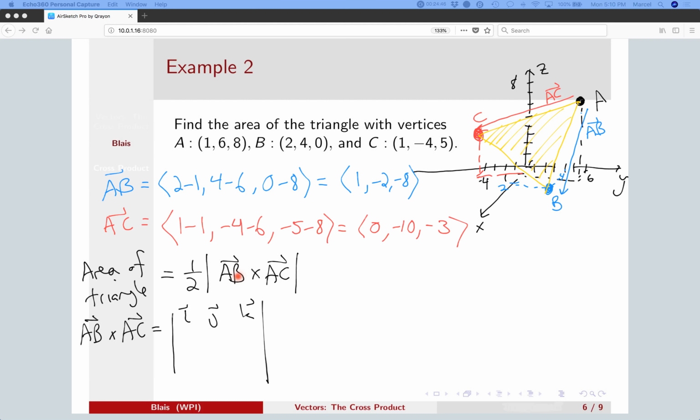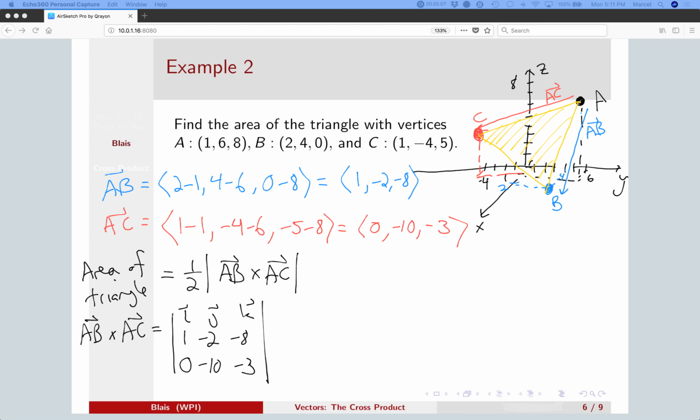We put in AB first, so 1, minus 2, minus 8. And then we put in AC, 0, minus 10, minus 3. And we work through our cross product.